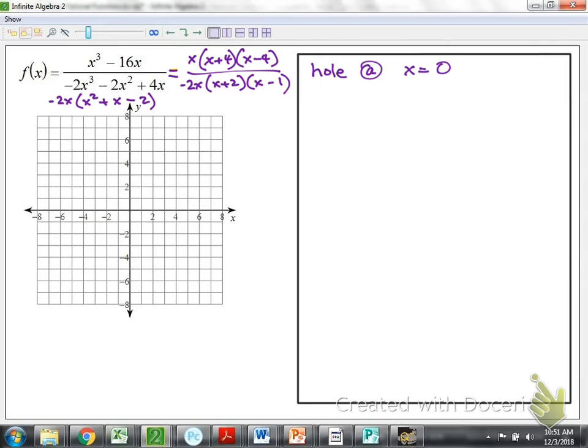All right, what else do we see from that factorization? Are there any values that make only the denominator equal to 0? What values make the denominator equal to 0? 0, negative 2, and 1. We know that 0 is a hole. What are negative 2 and 1?